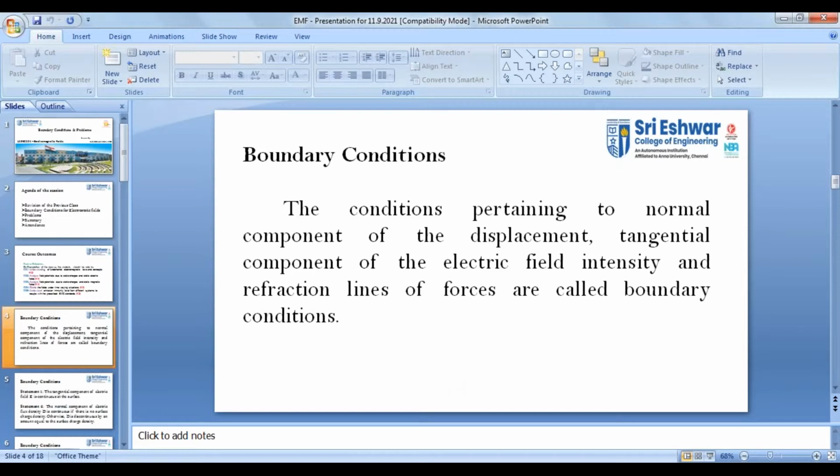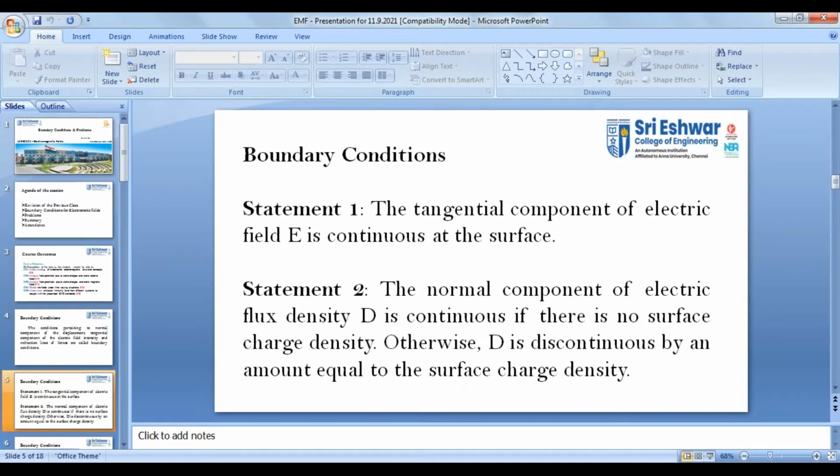Now I will come to the statements of boundary conditions. Statement 1: the tangential component of... see, this particular derivation is very easy and interesting also. It comes from trigonometry. Trigonometry is the base for deriving this boundary condition.